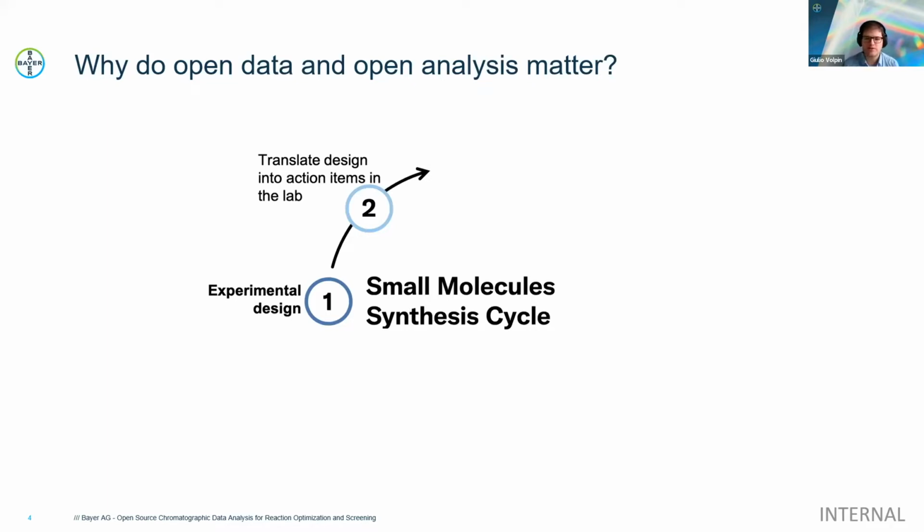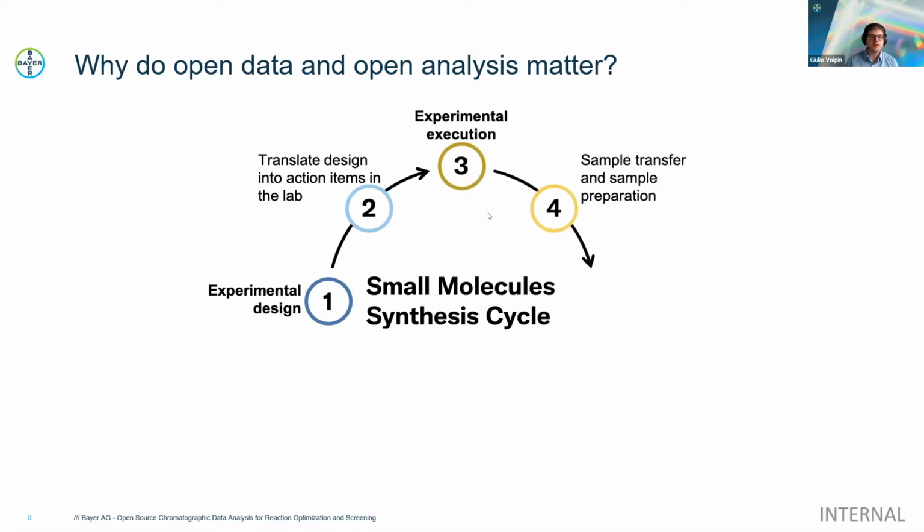So I think we have seen a lot in the past few days and earlier today that you have to start with an experimental design, translate it into a procedure, then of course execute the experiment either manually or with automated systems, as we have seen earlier. We always have to transfer our sample in a reproducible manner, in a way that is actually representative of our sample: monophasic, biphasic, slurry sampling.